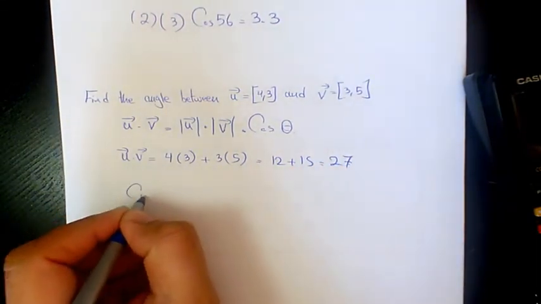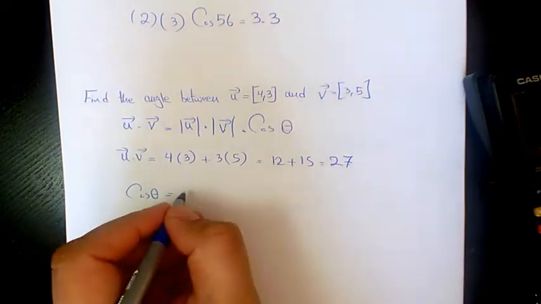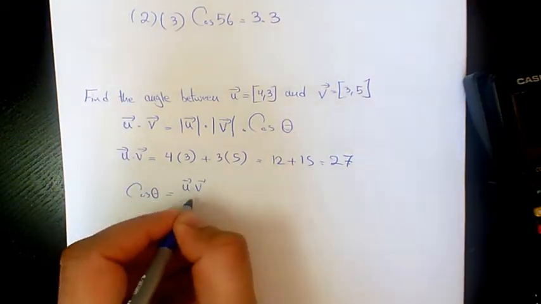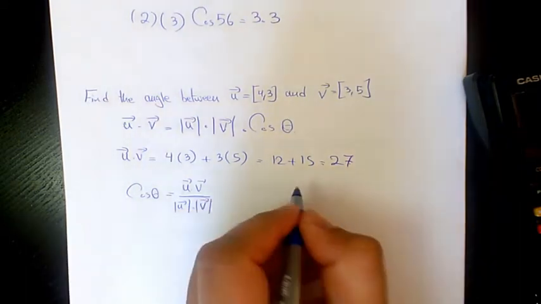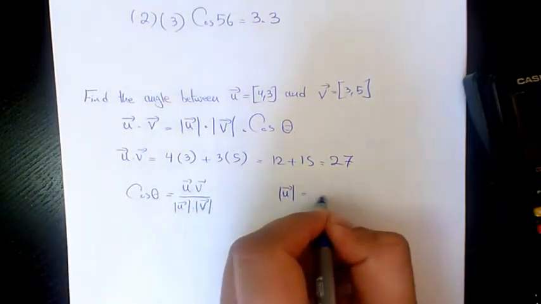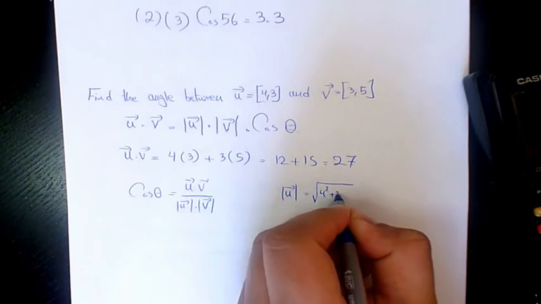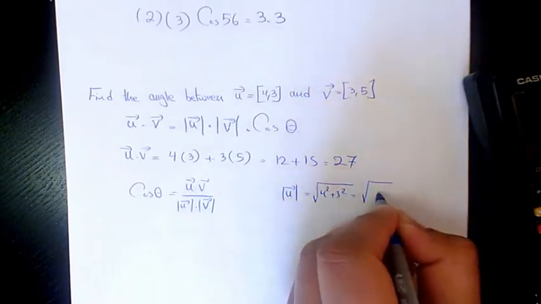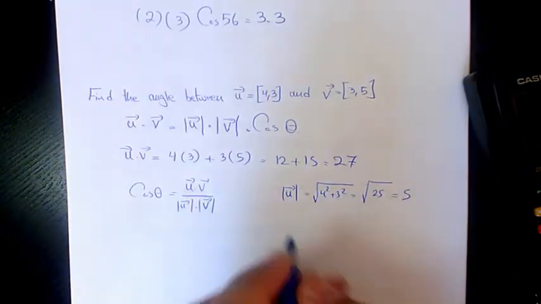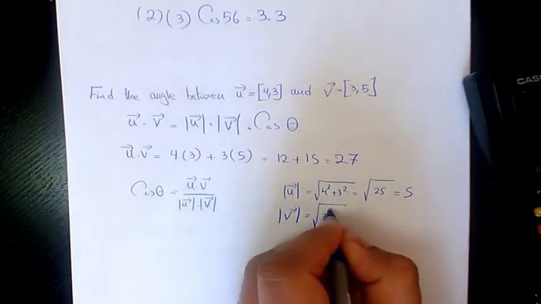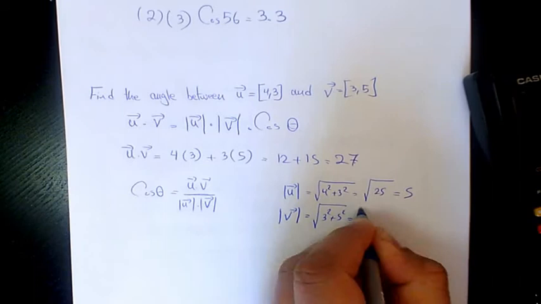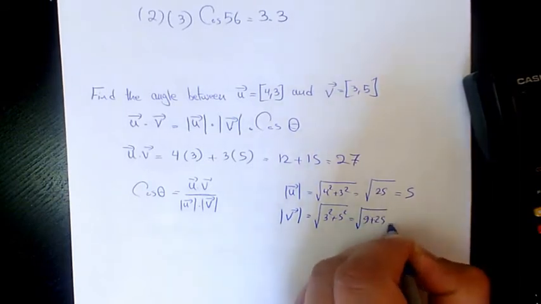Then we can say cosine theta equals U dot V divided by the magnitude of U times the magnitude of V. The magnitude of U is going to be the square root of 4 squared plus 3 squared. It's going to be 25, which is going to be 5. The magnitude of V is going to be the square root of 3 squared plus 5 squared. It's going to be 9 plus 25.